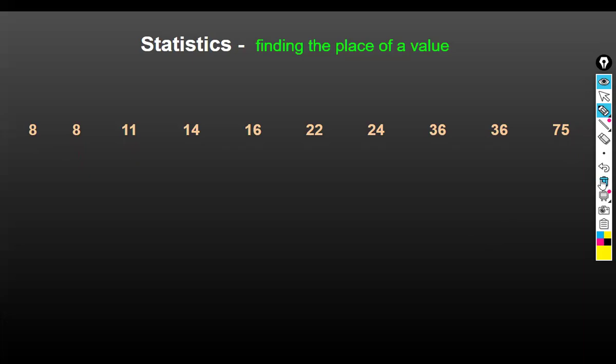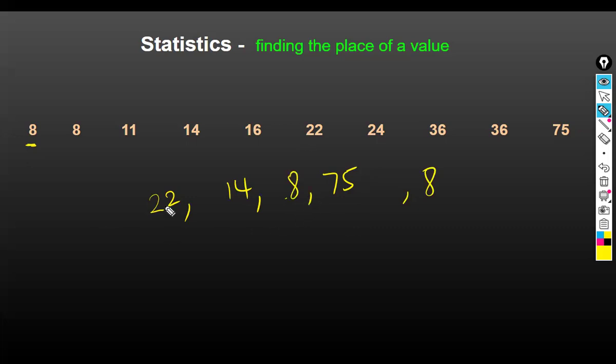It's also very important that when they give you values, you always arrange them from smallest to largest. A lot of the times in the exam, this is what the examiner will do: they'll give you a mix-up, 22, 14 here, 75 here, 8 here, another 8 here. They'll have it jumbled up.